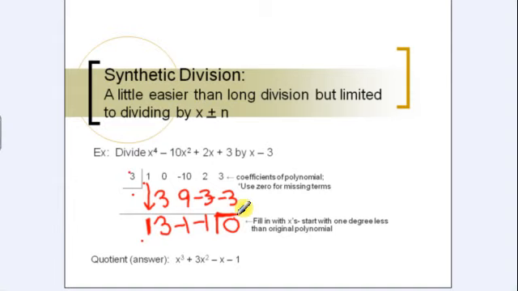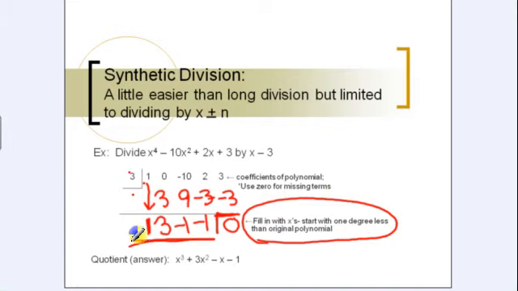So, I can now fill in x's starting with 1 degree less than the original polynomial. Because what we have here, these are the coefficients of the quotient, the answer. The reason I want to start with 1 degree less than x to the 4th is that if I divide x into x to the 4th, that would bring me down to x cubed.